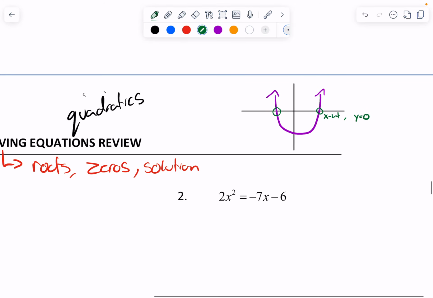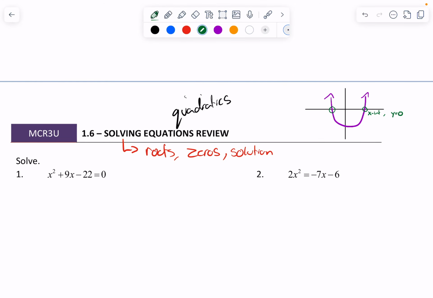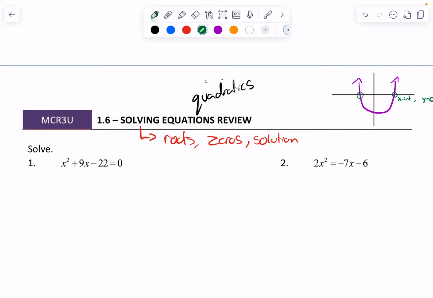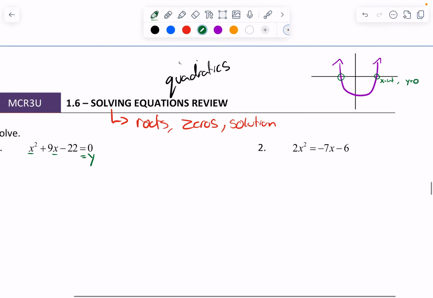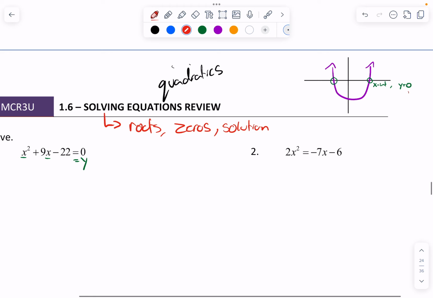So if you think about these equations that we've created right here, here are your x values, and this is usually equal to y. It's giving you your output. In this case, we've set the y equal to 0.